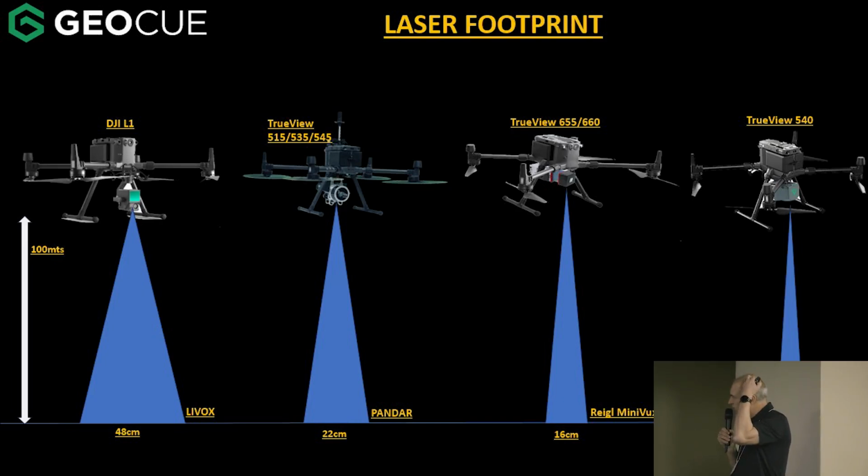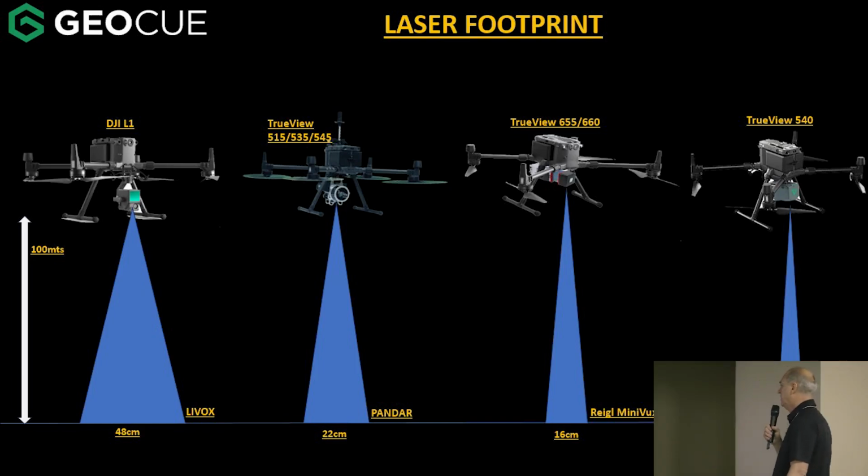So for example, on the 535 and 515, you have like 22 centimeters compared with the other one. It's much smaller, right? And the Regal system is smaller, so it's like 16 centimeters. This is at a flight height of 100 meters.